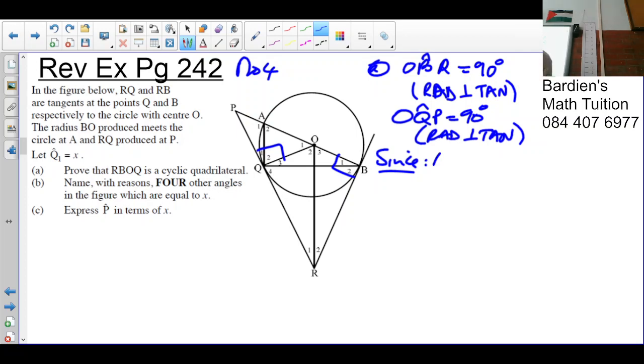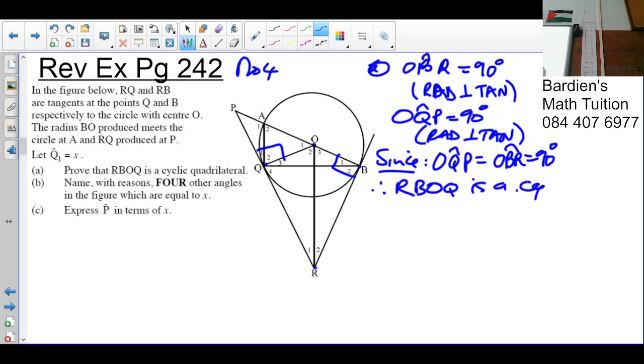Since OQP is equal to OBR, which is equal to 90 degrees, therefore RBOQ is a cyclic quad. Why? Because the exterior angle is equal to the interior opposite angle of a quad.